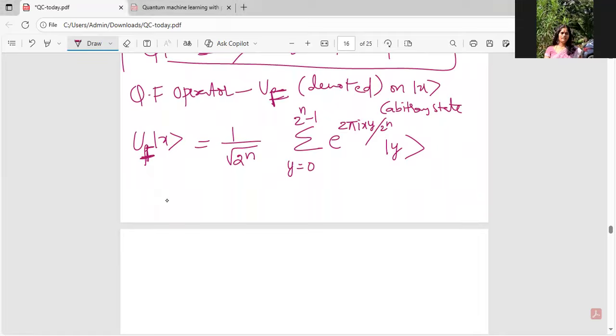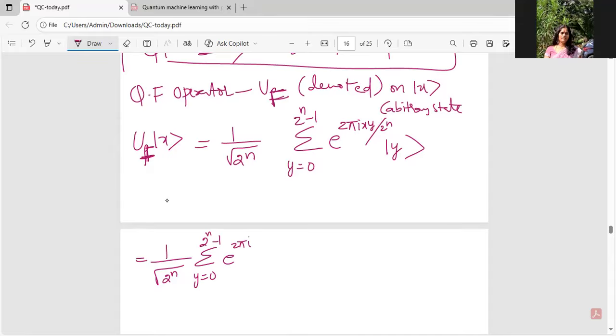This is equal to 1 by under root 2 power n, summation y equals 0 to 2 power n minus 1, e power 2 pi i xy.